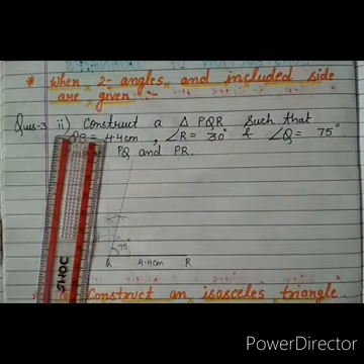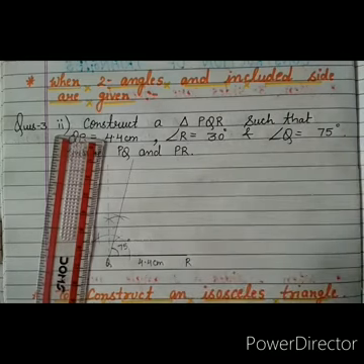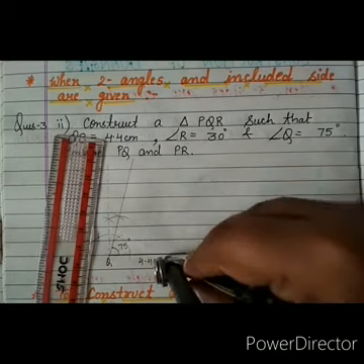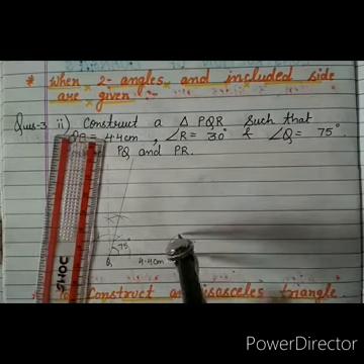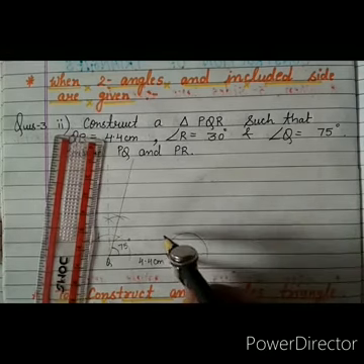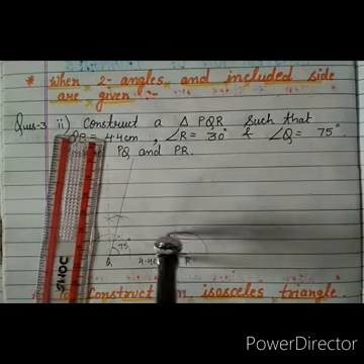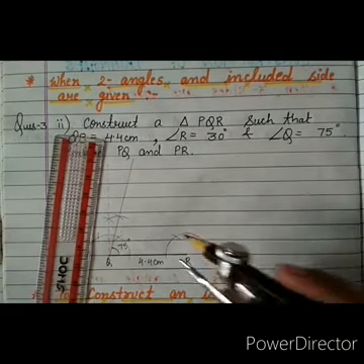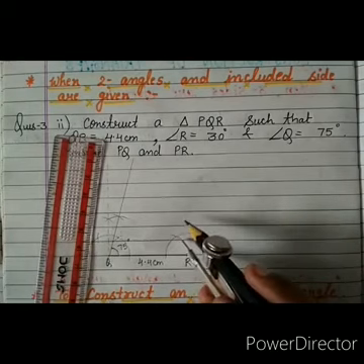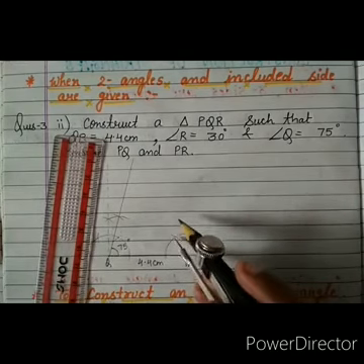Now from point R we have to construct an angle of 30 degree. First of all we have to make an arc of any radius from point R in this way. Now from this point we make an arc of 60 degree. Between 60 and this 0 degree, when we make an angle bisector of this angle, that will be of 30 degree.